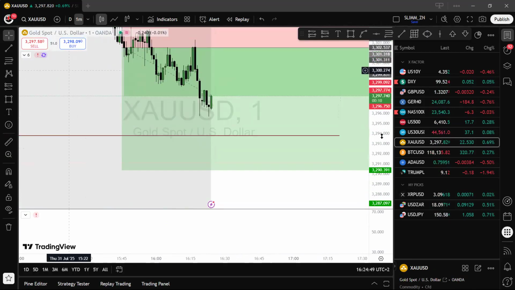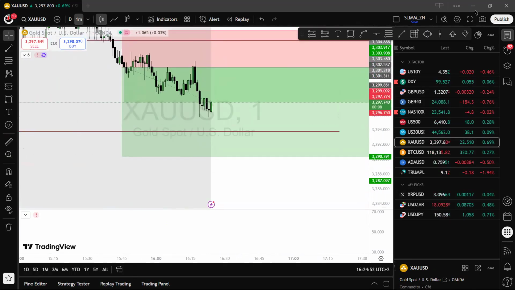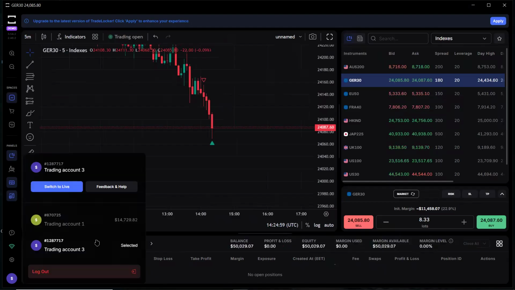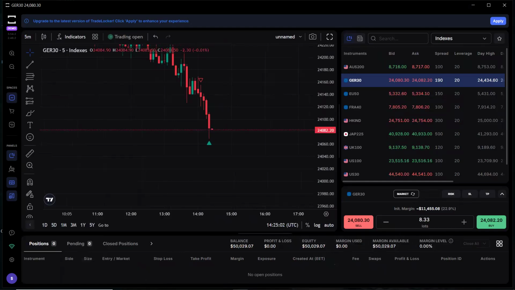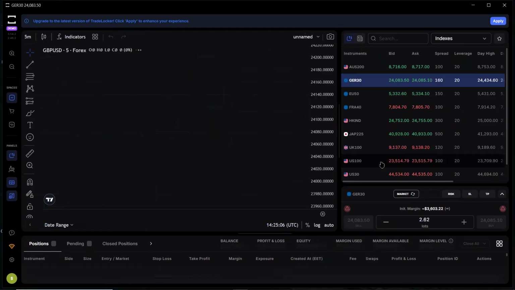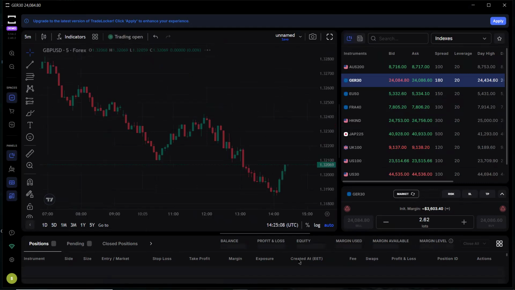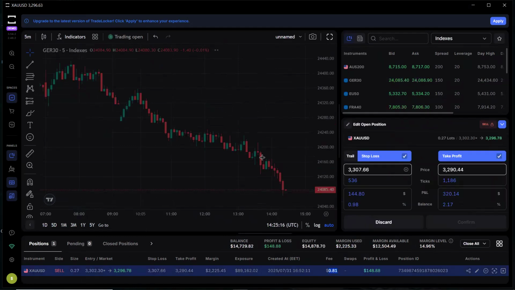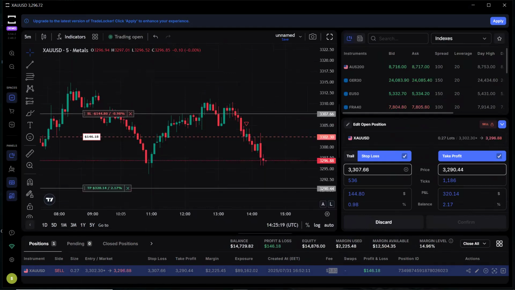Gold almost went halfway. Let's see how it's looking. We're going to take 1% on gold as well, guys. This is the trade. It's almost on 1%, almost on 150. You can see the trade running. Or should we break even?